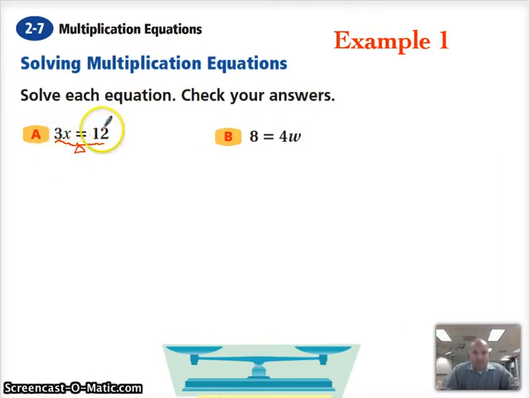We have 3x on one side and 12 on the other. So just like the other two types of equations, we're going to try to isolate the variable. But how do we get rid of a 3 times x? How do we get rid of the times 3? Well, in order to get rid of a times 3, we're going to divide by 3. And what we do to one side, of course, this is a balance, we've got to do to the other side.